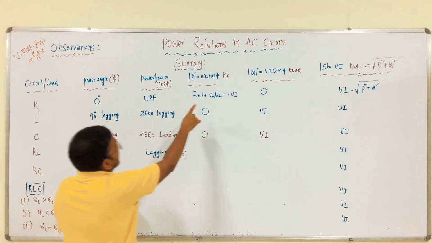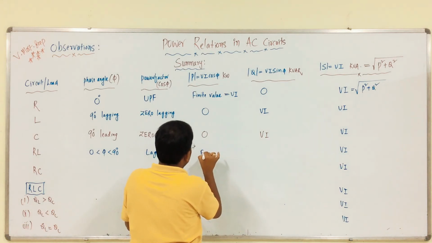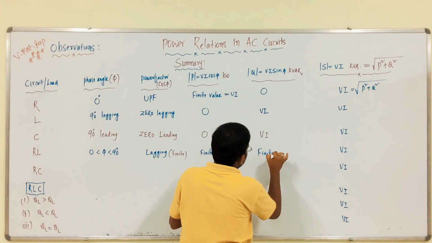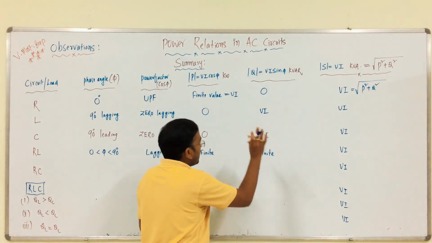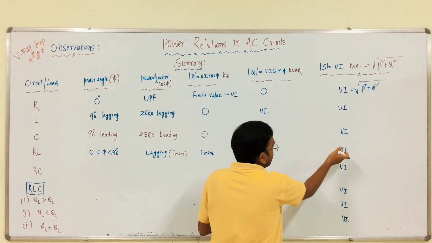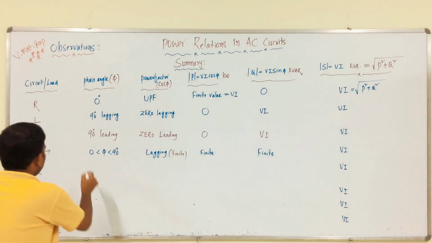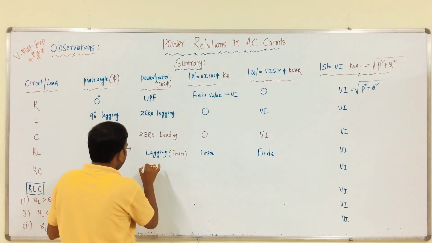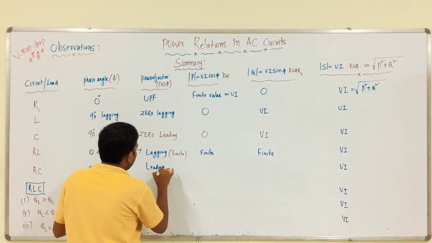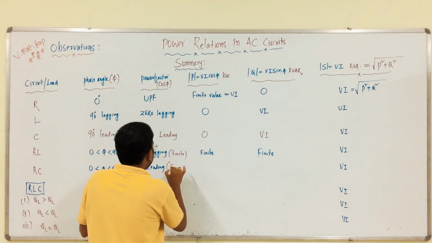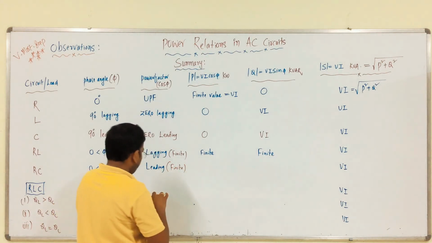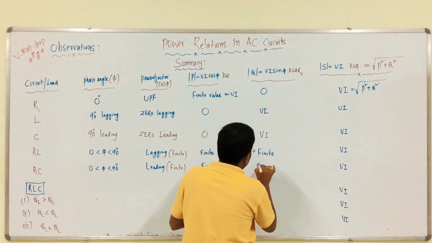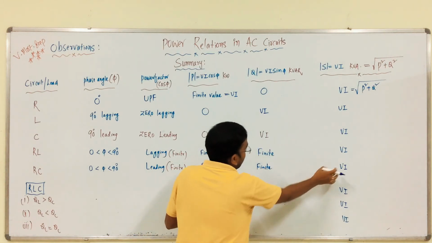Then what about P? Finite value. What about Q? This is also some finite value, means VI cos phi, VI sin phi. That is why in any case S should be equal to VI, clear. Coming to this case, again 90 degrees, here leading, that is a finite value of leading power factor, right. This is a finite value, this is also a finite value, again VI.